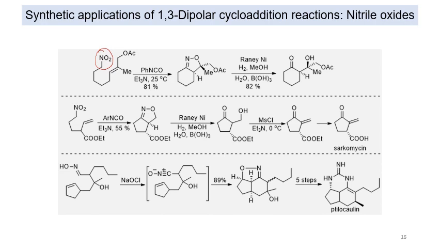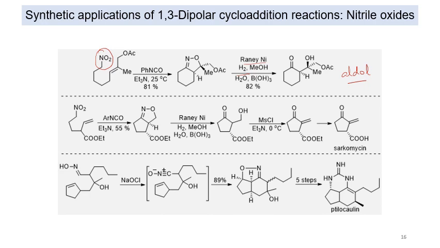This gives you a 1,3-dipolar cycloaddition, and on the use of Raney nickel and hydrogen followed by hydrolysis, you can have this particular product, which is an aldol product. So indirectly you can generate aldol type products using 1,3-dipolar cycloaddition reactions followed by reductive cleavage and hydrolysis.